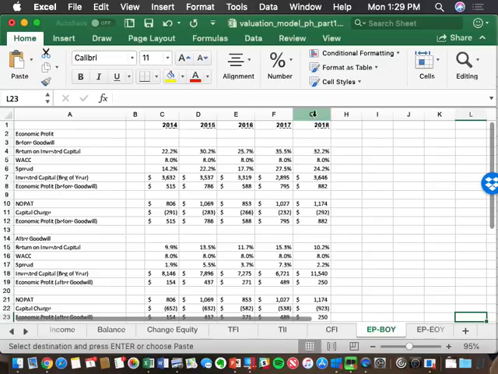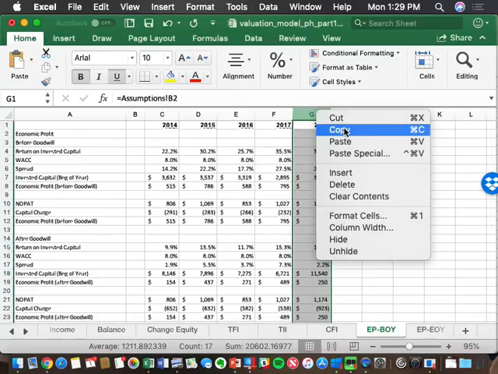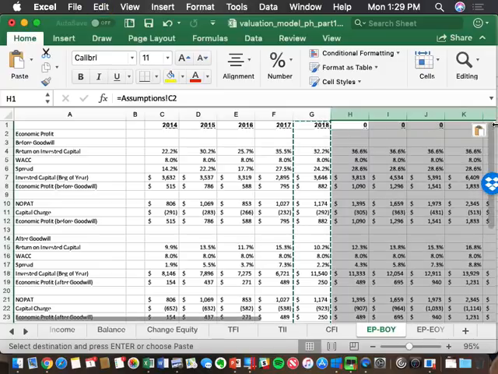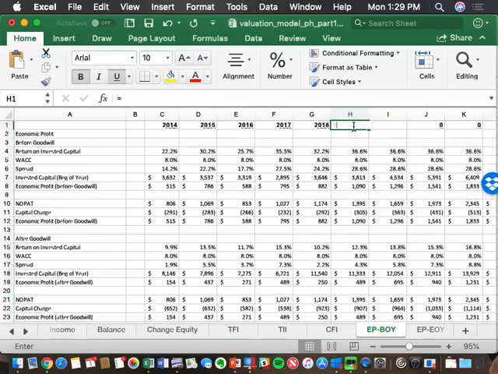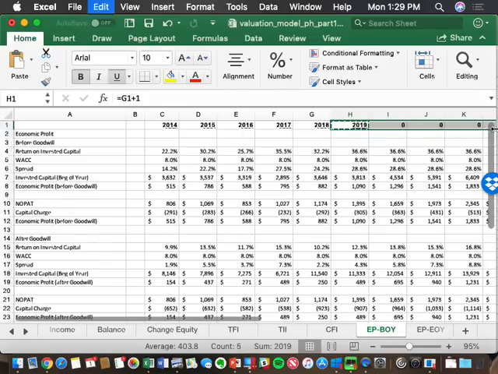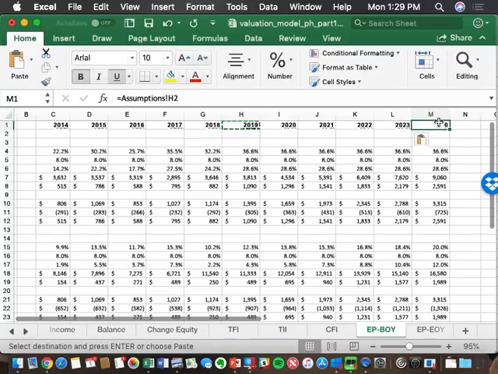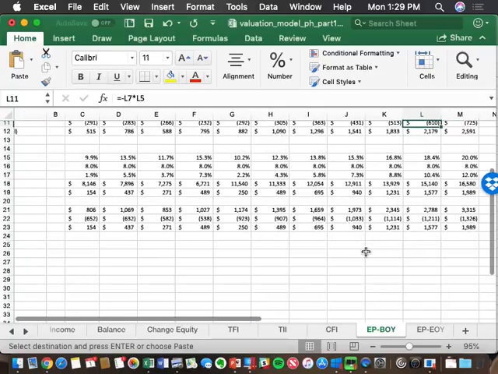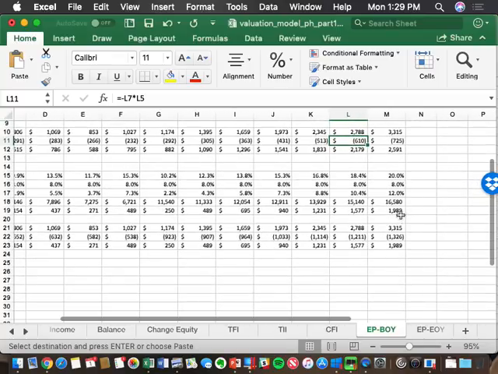Economic profit beginning of year. Again, select 2018. Go to column M, paste, equals previous year plus 1. And we now have balancing economic profits based on beginning of year, 1989, going through 2024.